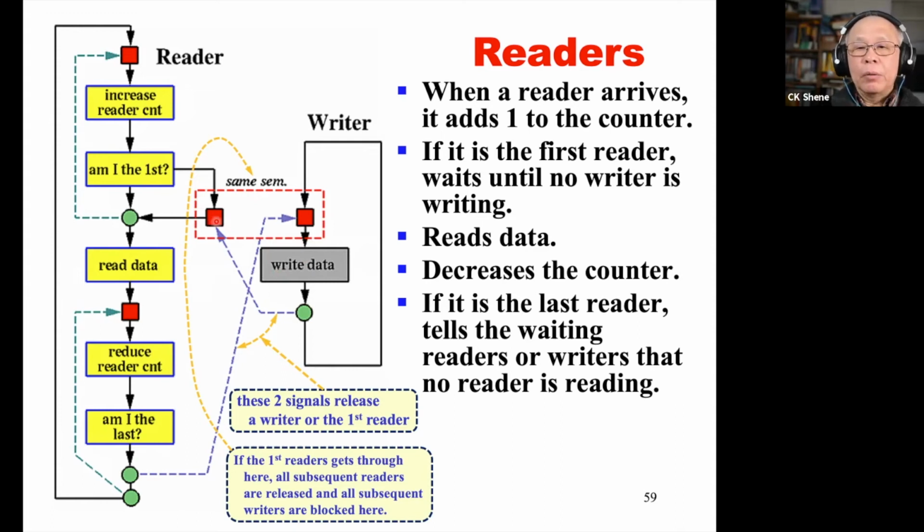If a writer is released, that writer continues. And if the first reader is released, that first reader returns to its normal execution path, releases the protection for the reader count, allowing the second reader to come in.